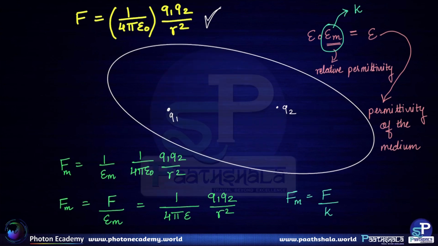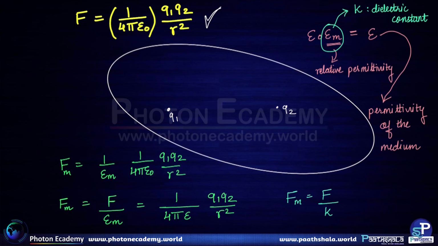So K is called the dielectric constant, which is exactly the same as epsilon subscript m, the relative permittivity of the medium.